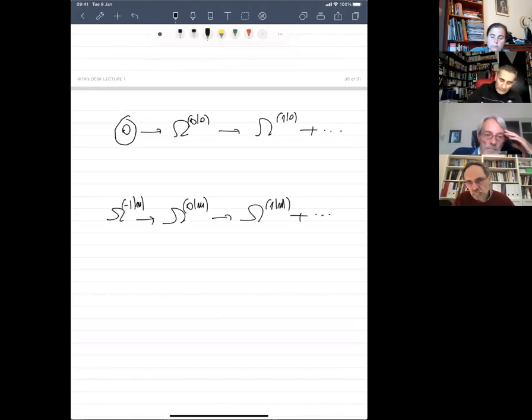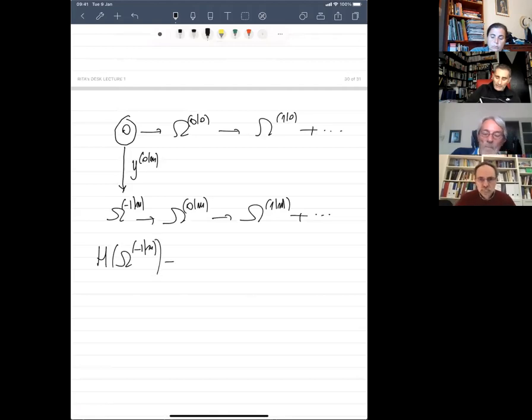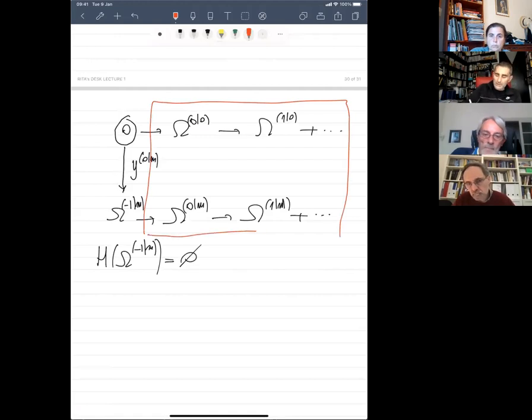And therefore, if I map these spaces in this space 0m, it turns out that also the cohomology of these spaces, which is minus 1m, is completely trivial. So there is no cohomology here. Okay? So then I learned something that's interesting. The full cohomology of my spaces will be contained in just a box here.